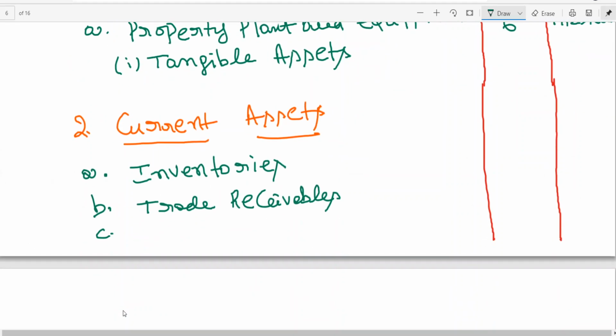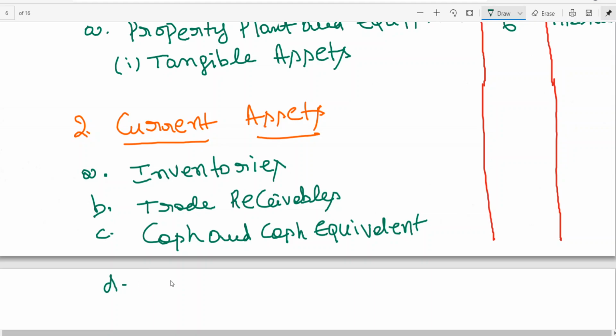C, cash and cash equivalent, and then we also got one short term loans and advances. Actually, we have not gone for any notes, only one item is there, short term loans and advances.